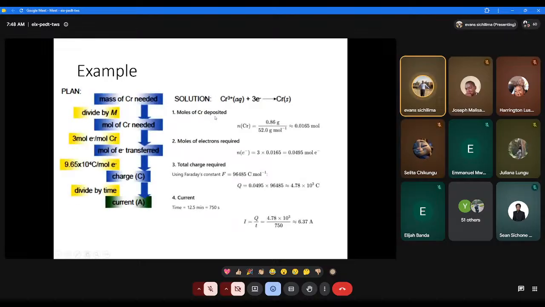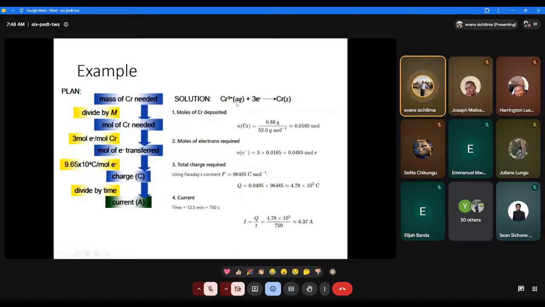So first things first, chromium is 3+. It gains 3 electrons to give chromium solid. So we know that the ratio of moles of electrons to chromium solid is 3:1.